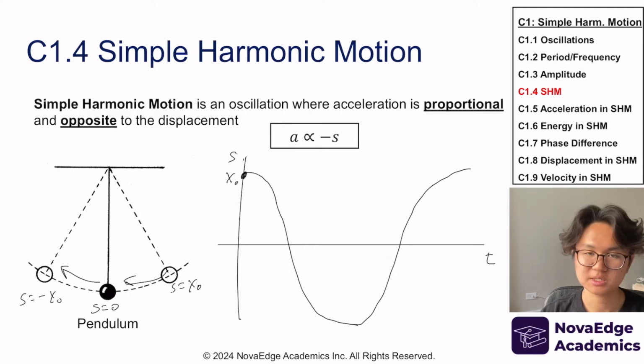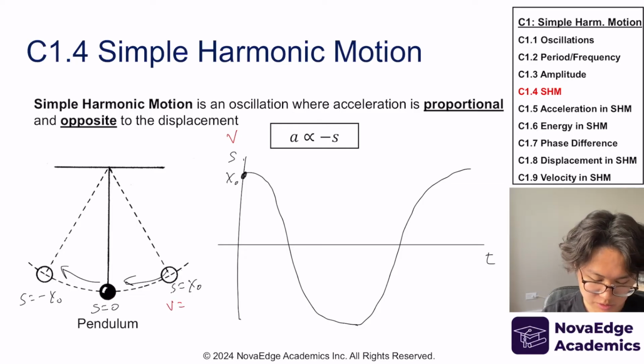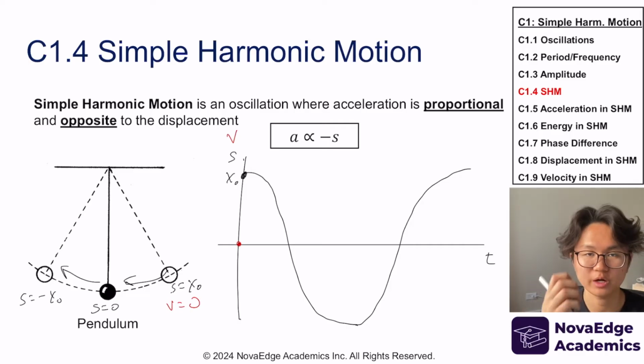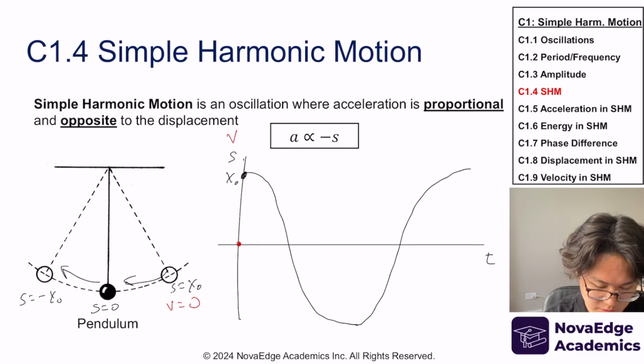How about velocity? Let me change the axis to velocity versus time. Well, velocity at this position is 0, right? Because the ball is not moving. I'm just about to release it. So the moment I release it, what's the velocity of the object? 0. It's accelerating, of course, and it's going to increase its velocity until it gets to the bottom where it has the maximum velocity.